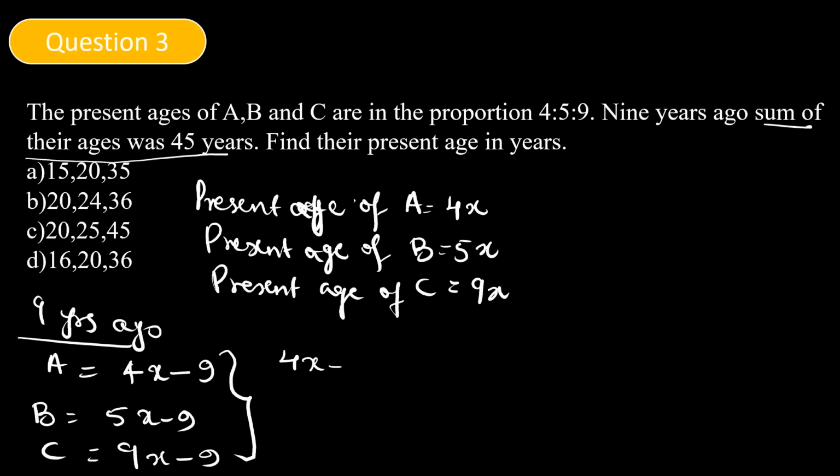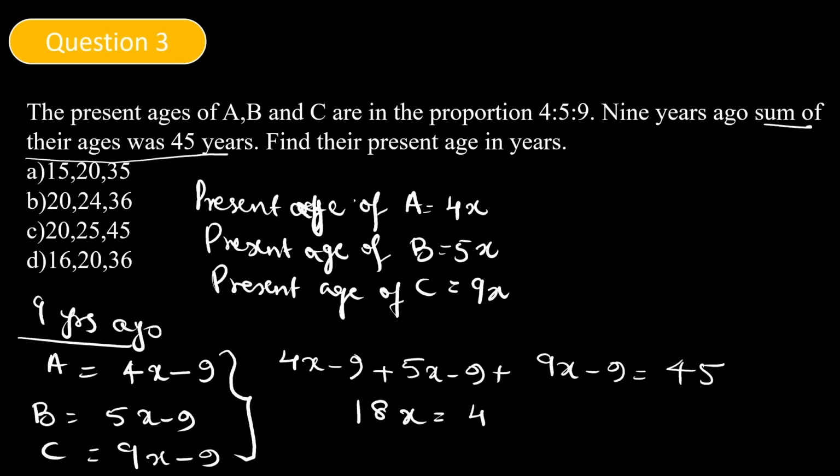That is 4x minus 9 plus 5x minus 9 plus 9x minus 9 equal to 45. So here we get 18x equal to 45 plus 27, or x equal to 72 divided by 18, which is equal to 4.